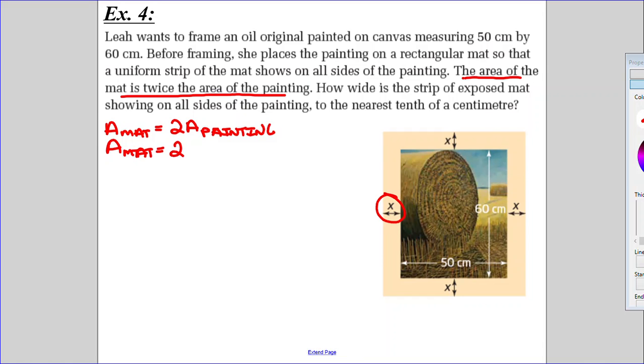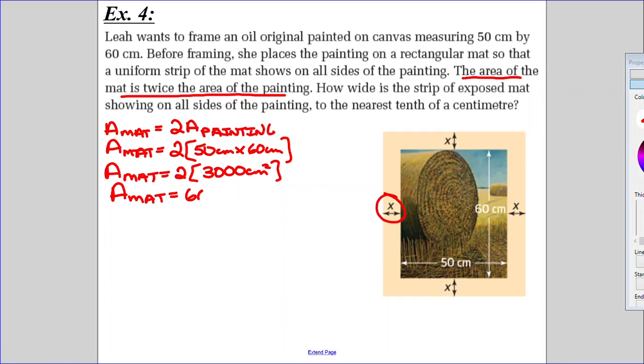The area of the painting is 50 centimeters by 60 centimeters. So the area of the mat equals 2 multiplied by 3,000 square centimeters, or the area of the mat is 6,000 square centimeters. The whole area of that mat is 6,000 square centimeters.